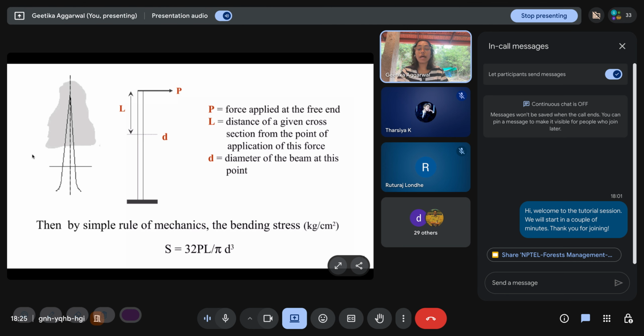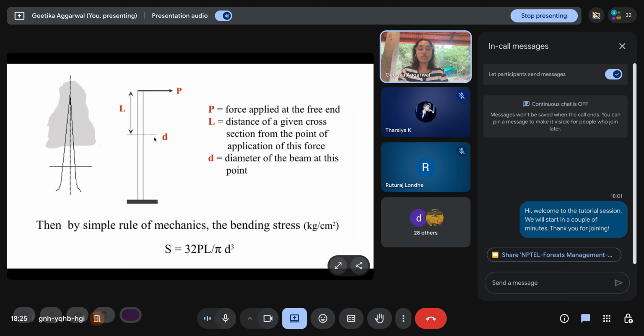Okay, when we come to the maths behind it, if you compare this tree to this cantilever beam, at this edge, P is the force which is applied at the free end. So P is the force that the wind is applying at the free end. L is the distance of a given cross section from the application of force.